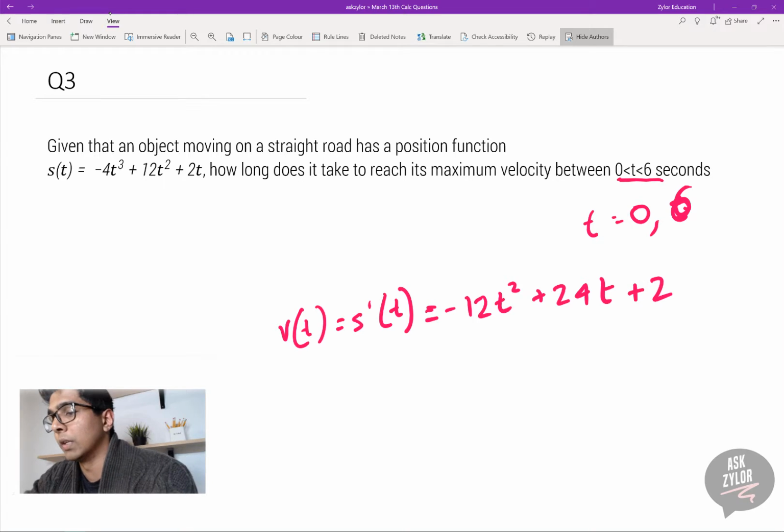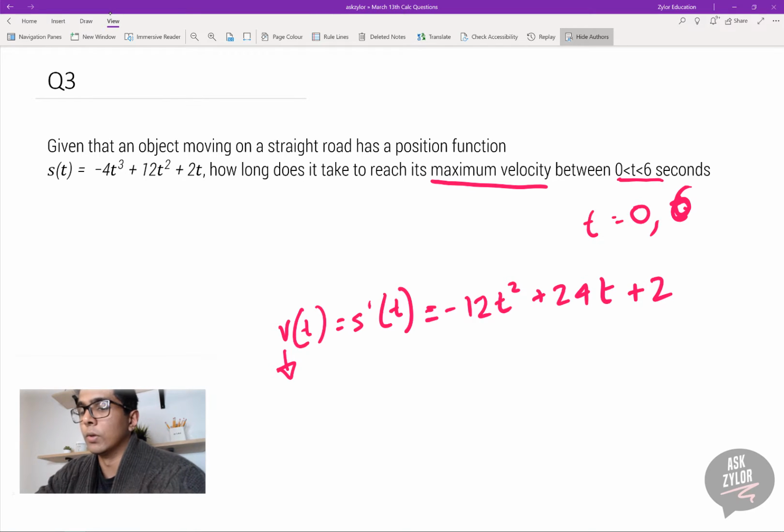But I'm not done because they're asking me what is the maximum velocity. To find the maximum velocity, I need to find the derivative of my velocity function. And when the derivative of my velocity function is equal to 0, that is when I can find my maximum velocity. So let's go ahead and find the derivative of my velocity function.